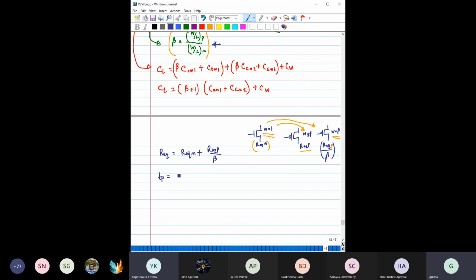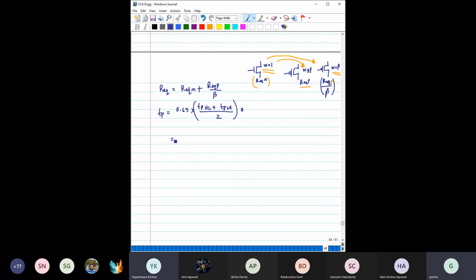Total propagation delay, we know that it is 0.69 into TPHL plus TPLH by 2, right? So definitely we can write, I think we don't have enough space here, so let me write it below. So it is 0.69 by 2, right?